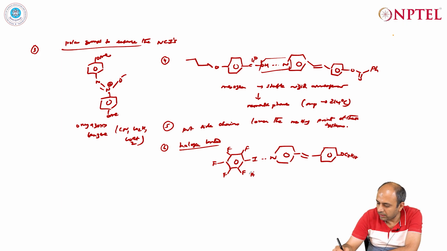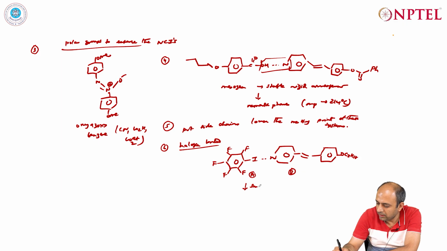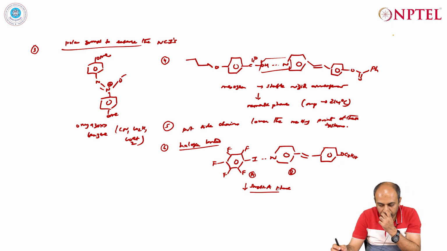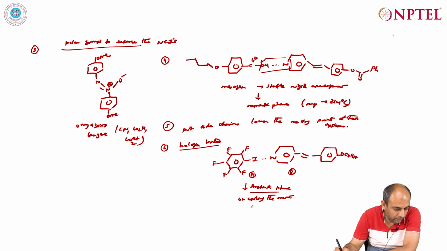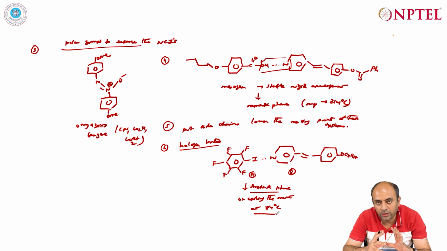So neither of the starting materials A or B are mesogens, but the combination, that is a halogen bonded adduct, gives the smectic A phase which is formed on cooling the melt at 84 degrees centigrade.